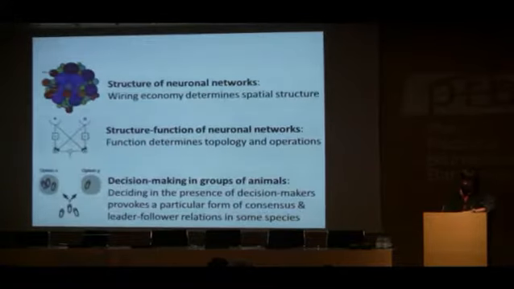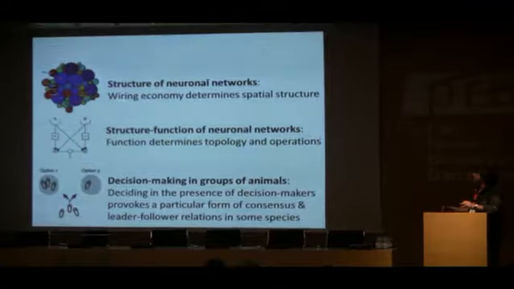Okay, so I think with this I'm done. I tried to give you some impression of the types of ways we think when we model or we do experiments looking at pure structure, whether some very simple hypothesis like wiring economy can give you a lot or not from where neurons are located.